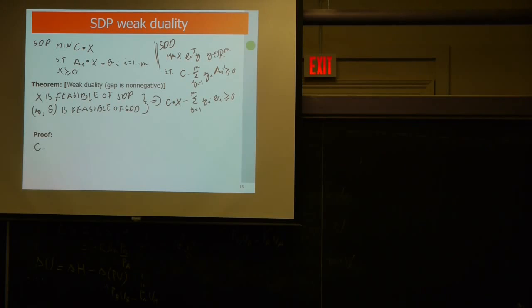So what's the duality gap? The inner product between C and X minus b transpose y. And so what's the next step?